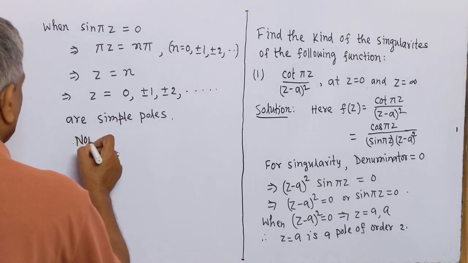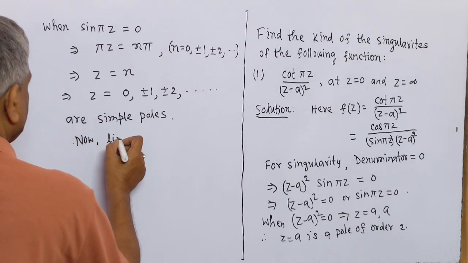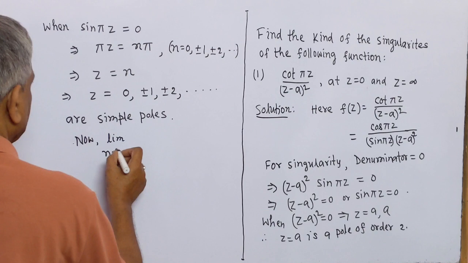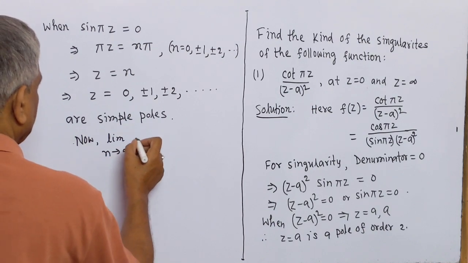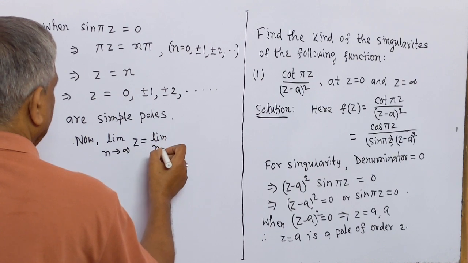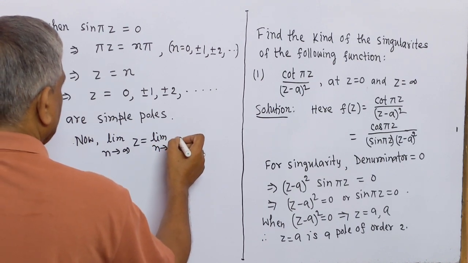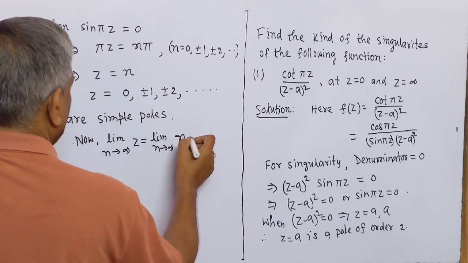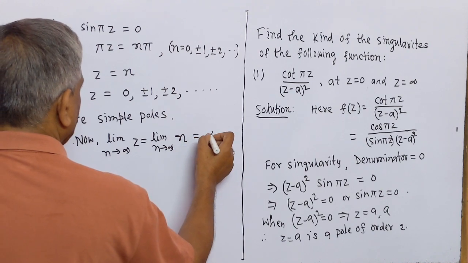Now, limit as n tends to infinity of z equal to limit as n tends to infinity of n equal to infinity.